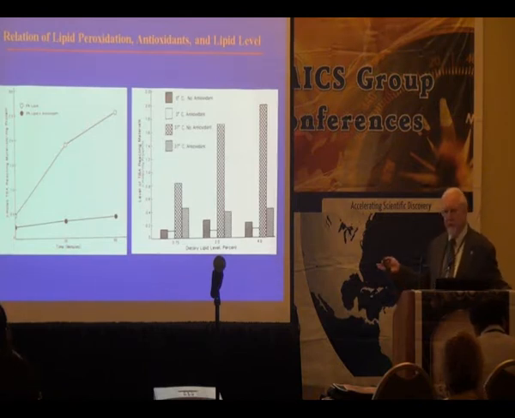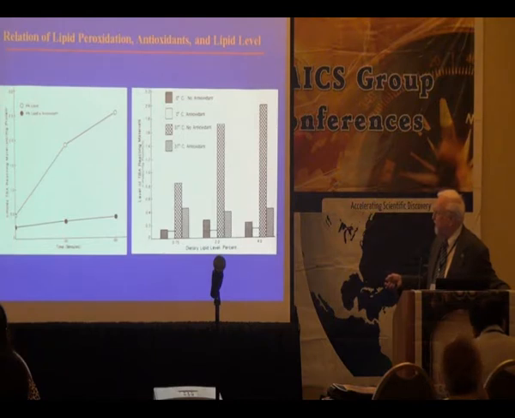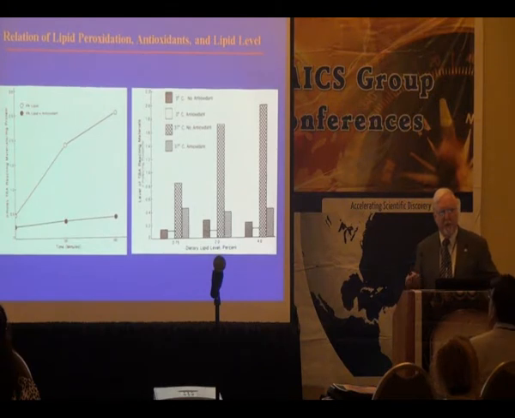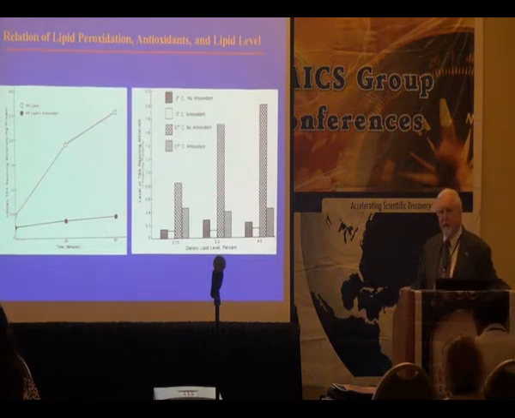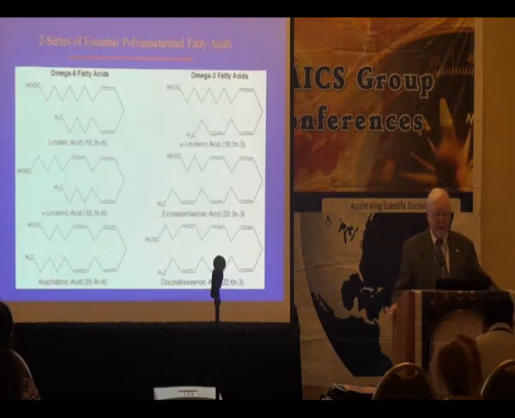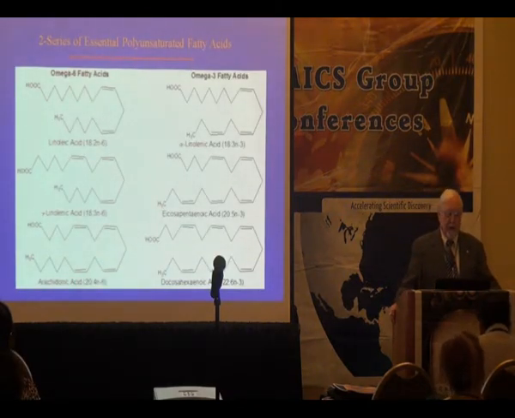If you look at the various levels of dietary fat, you can see that this bar right here shows lipid peroxidation products inhibited to about the same level in all the different lipid levels, while you still have an increase in carcinogenesis. So obviously there's something else going on here than just simply lipid peroxidation.